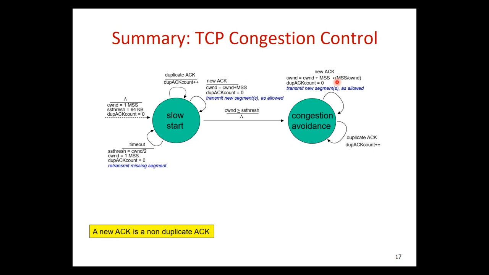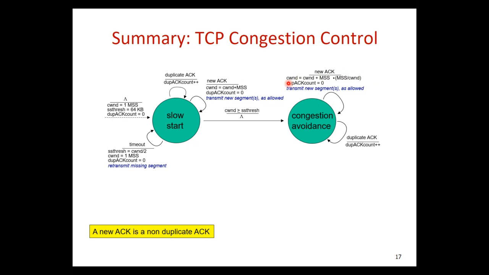So after it has received CWND ACKs, CWND will be incremented by one MSS, because this quantity is less than one.